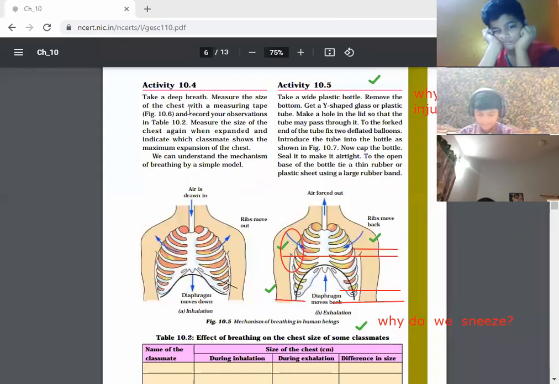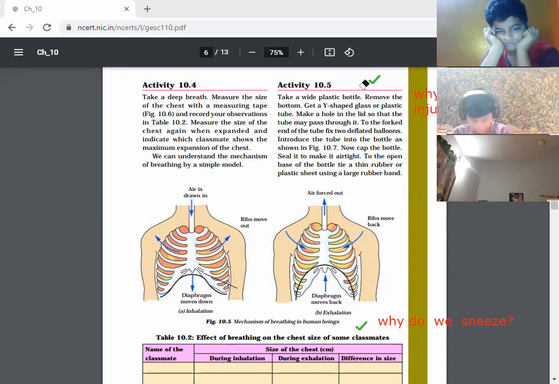Children, these two activities are there, activity 4 and activity 5. And these activities are related with the concept of diaphragm. And I think moreover you have done this activity, what happens during inhalation and what happens during exhalation. Is that okay? During inhalation, see the first figure.